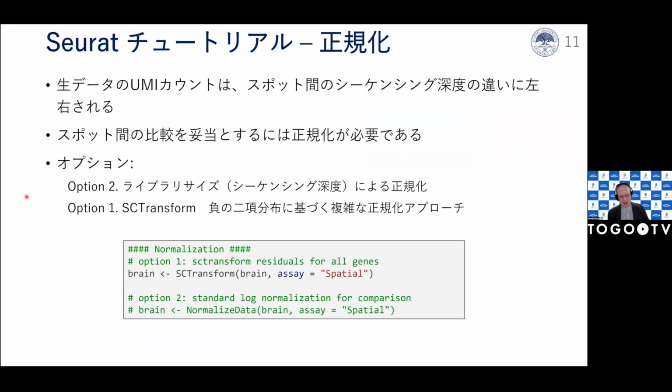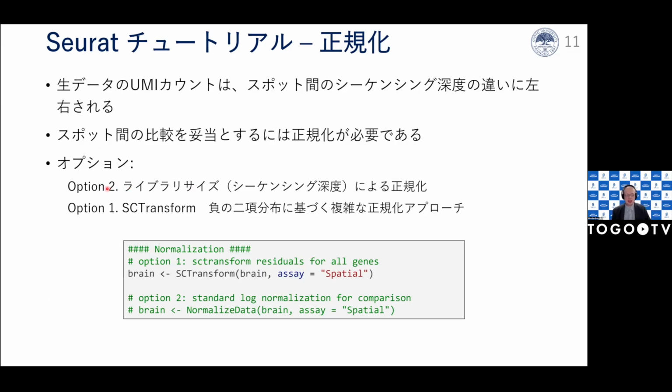Okay, so I'm going back to that tutorial example now. In that tutorial sample, there is no problem, but I should normalize the data before I can continue my analysis, because there's a difference between the total number of sequences in every spot. And I cannot explain in detail, but there are several ways that you might normalize your data.